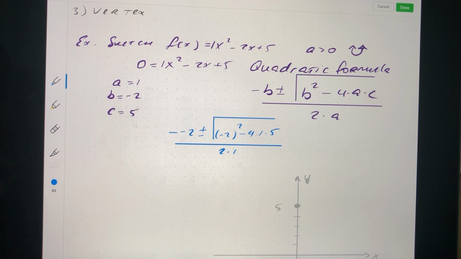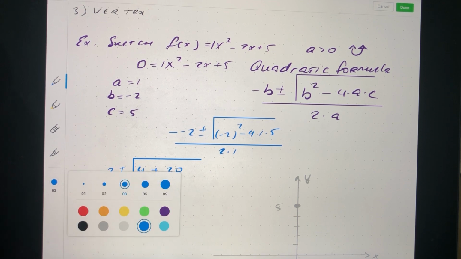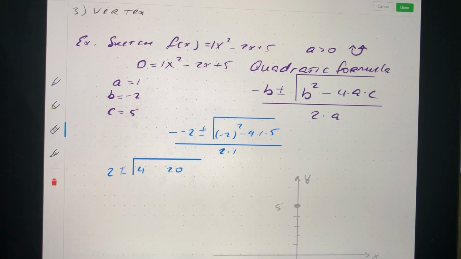Two negatives in the front make a plus, that's a plus 2. Negative 2 squared is positive 4, and then 4 times 5 is 20, so minus 20, divided by 2 times 1, which is 2.